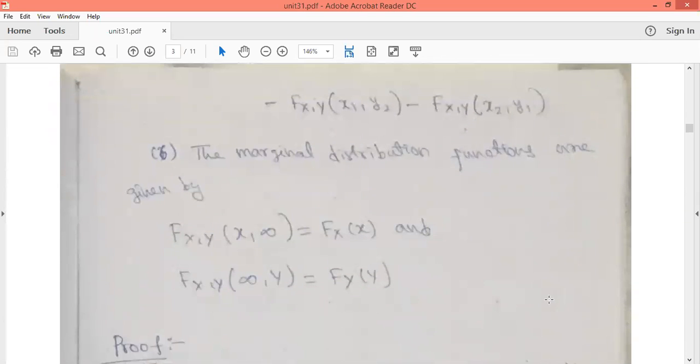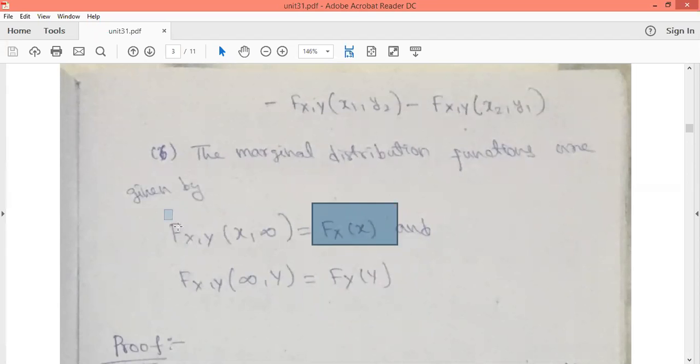The sixth property says that marginal distribution functions are given by F_X(x) and F_Y(y). These are called marginal distribution functions. How do you obtain a marginal distribution function? By considering the other random variable as infinity.